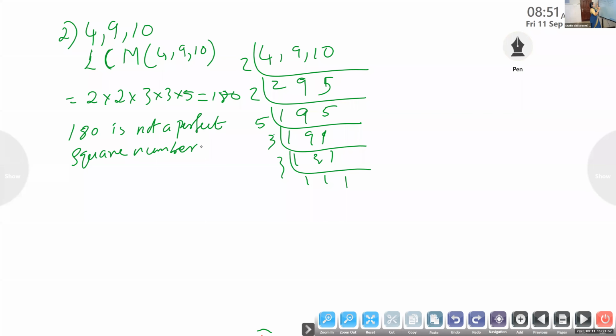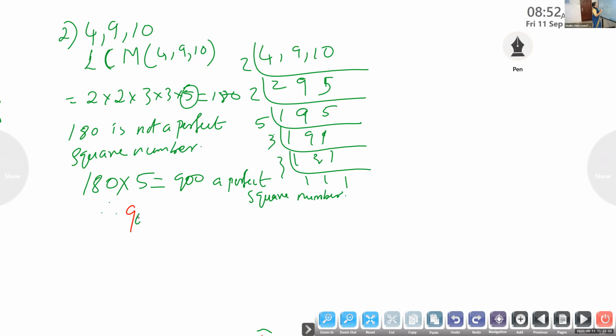To get a perfect square, we should multiply 180 by which number? 5. 180 into 5 is 900. So 900 is a perfect square number.